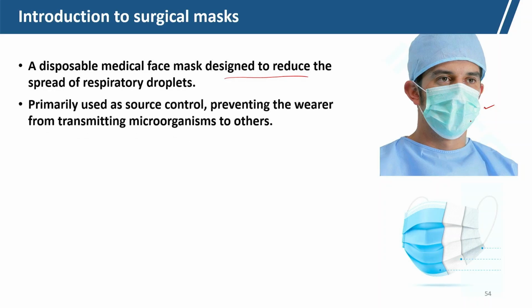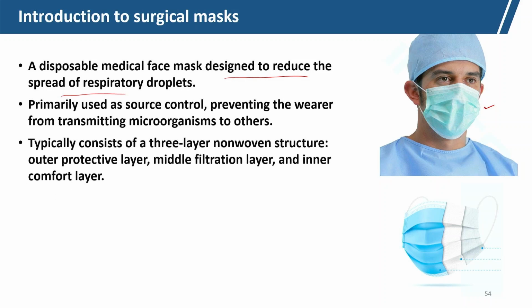Here the filtration efficiency is not that stringent, but the respiratory droplets should not be spread. The primary use is source control, like when a person is wearing it, the respiratory droplets from the nose or mouth should not come out.